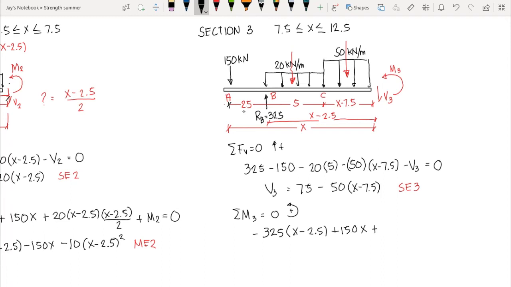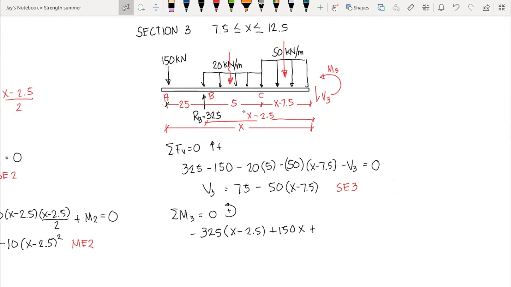Plus the resultant of the 20 kN per meter, that is 20 times 5. However, the location of the resultant from section 3 is unknown yet. So how are we going to determine the location of our resultant from section 3?